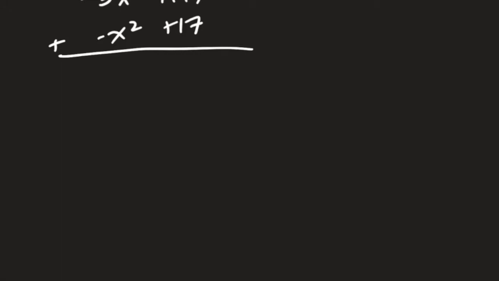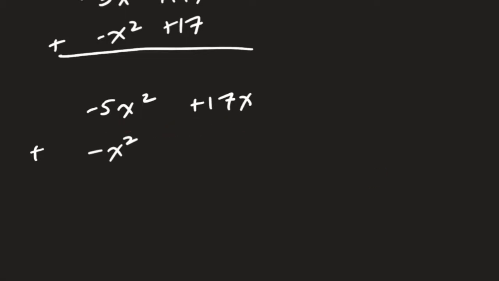So I'm going to write my first expression, negative 5x squared plus 17x, right over here. And then I'm going to write my second expression underneath it. So I have negative x squared, so I'm going to put that right underneath my negative 5x squared because these are like terms, right? Now I need to figure out a place to put my plus 17. Now, my next expression should be a term with an x, right? Because that's what it looks like on my top expression.